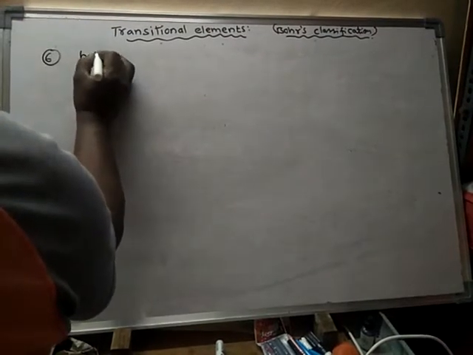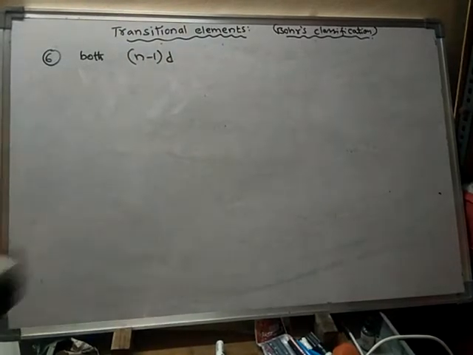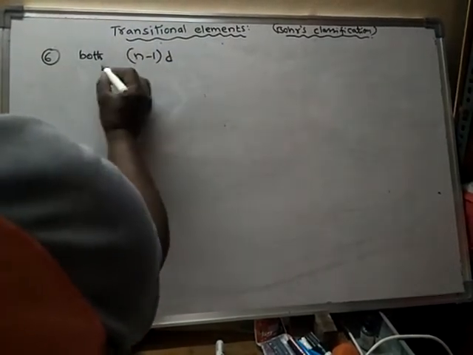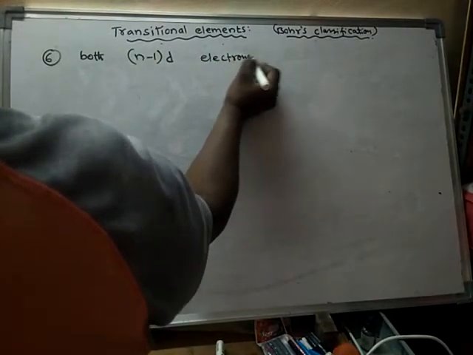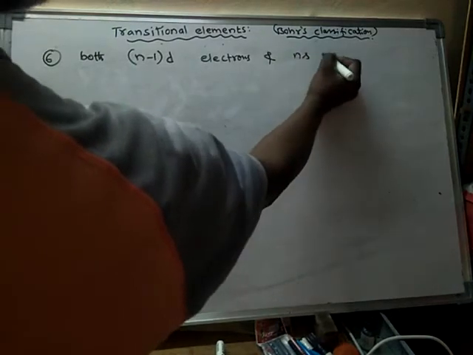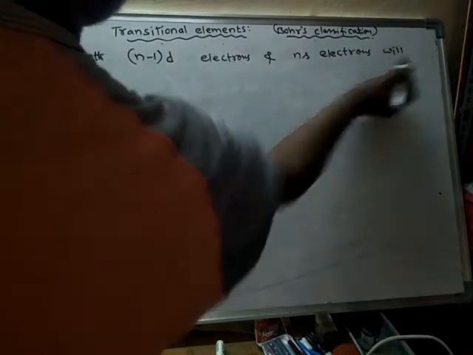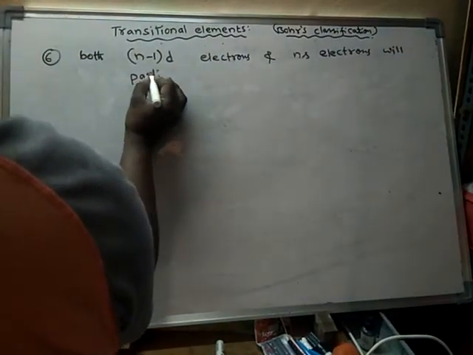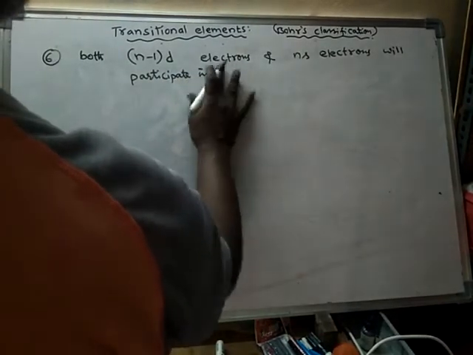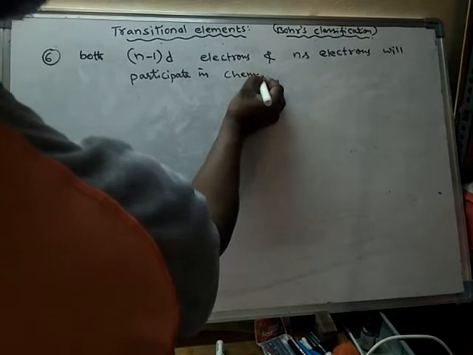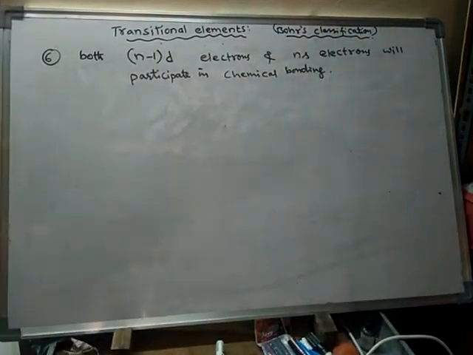Both the d electrons from the last but one orbit and the ns electrons will participate in chemical bonding.